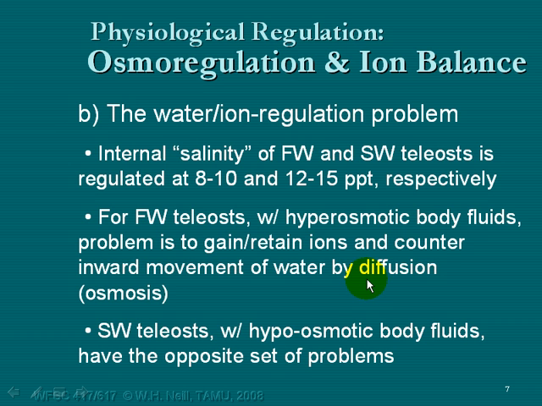The internal salinity of freshwater and saltwater teleosts are not that different, but freshwater teleosts tend to be a little lower, around 8 to 10 parts per thousand, as measured or expressed as salinity, and that's the way I'm going to express it. Marine teleosts a little higher, 12 to 15, but it's easy to find cases where the two overlap, particularly if we're talking about euryhaline forms.